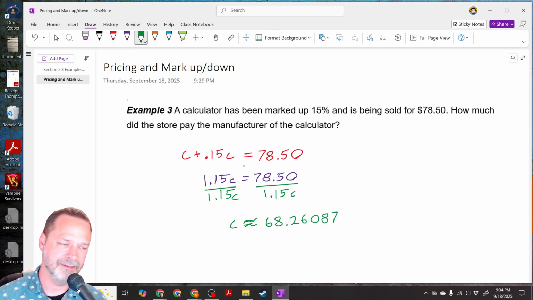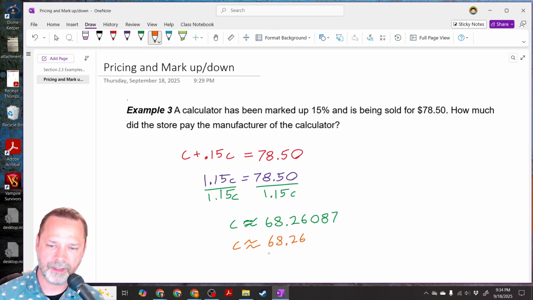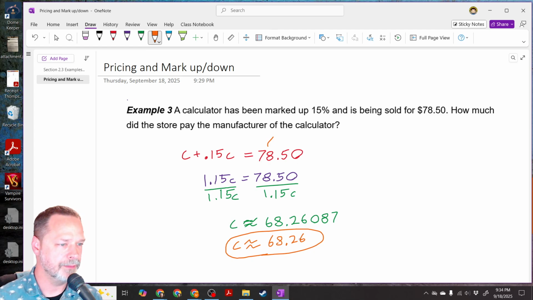But what did we pay for it? Let's use a little rounding. We'll round to the hundredths since we have pennies. We can go down to a cent. So it was about $68.26. That would be our cost for the calculator. That's what the store paid.